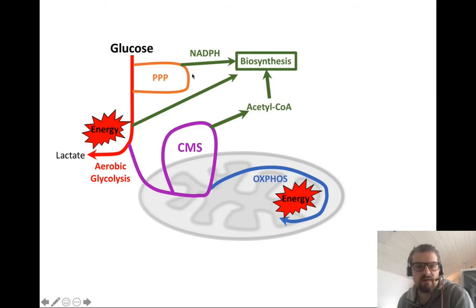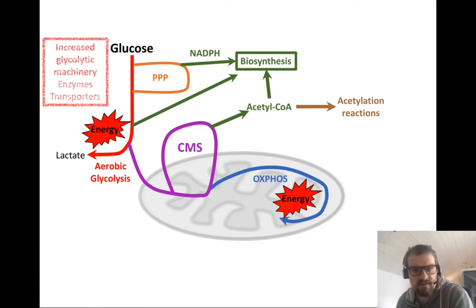And also through the pentose phosphate pathway to make NADPH, which is that important cofactor for biosynthesis. This also supports acetylation reactions, and of course the NADPH can also be used to help to control redox status within the cell and deal with reactive oxygen species, as we've already discussed.